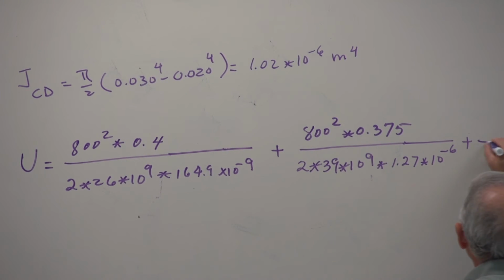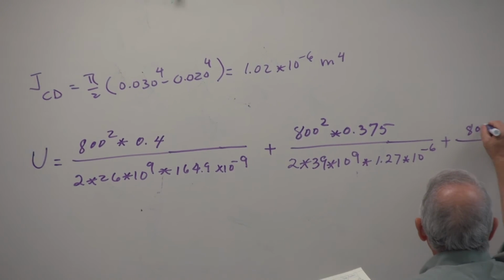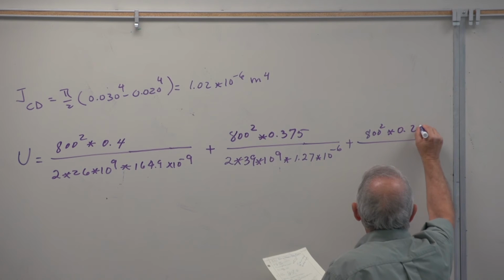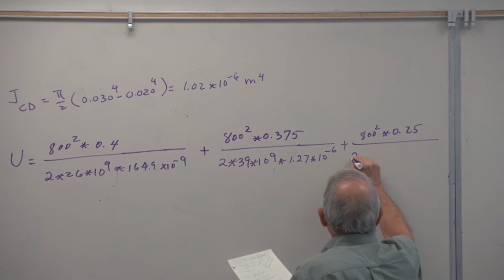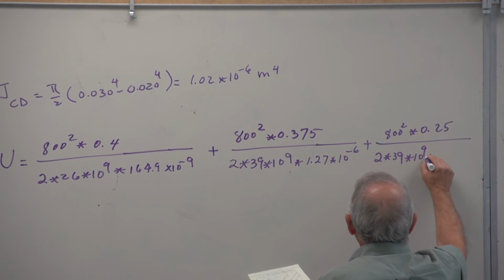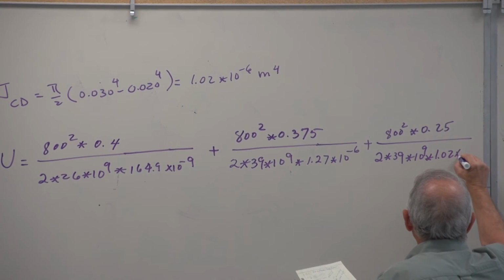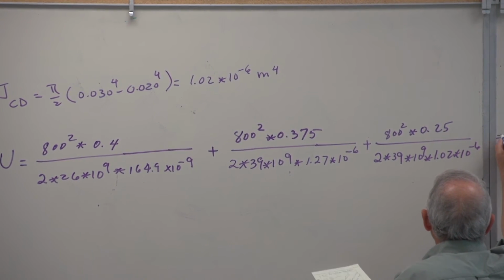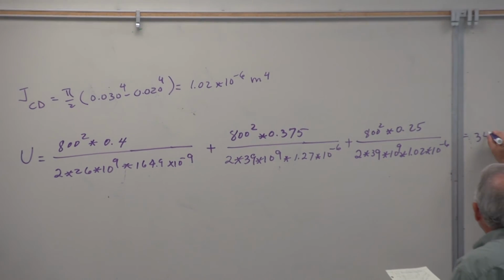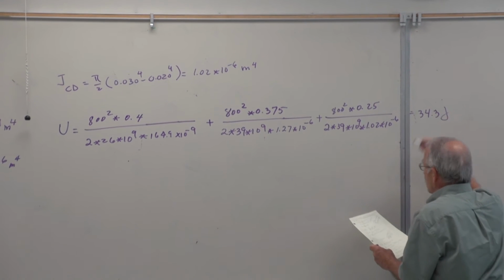Add to that 800 squared times 0.25 divided by 2 times 39 times 10 to the 9 times 1.02 times 10 to the minus 6. You evaluate all of that, we get 34.3 joules.